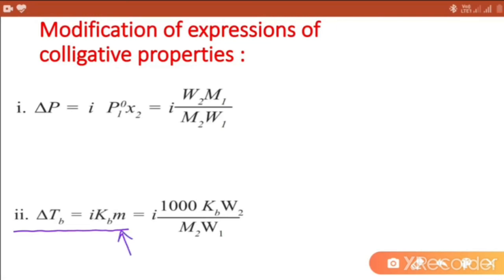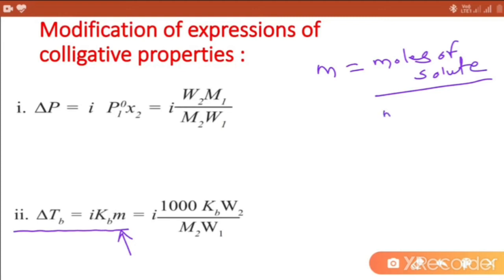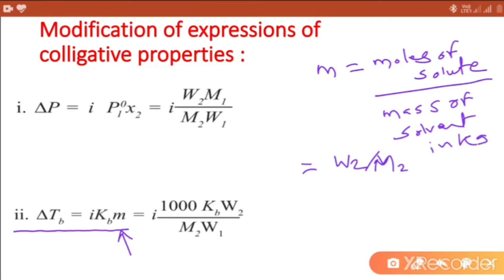Small m is molality. By putting the value of molality, m is equal to moles of solute divided by mass of solvent in kg, which means W2 divided by capital M2 mole, divided by W1 divided by 1000 gram.